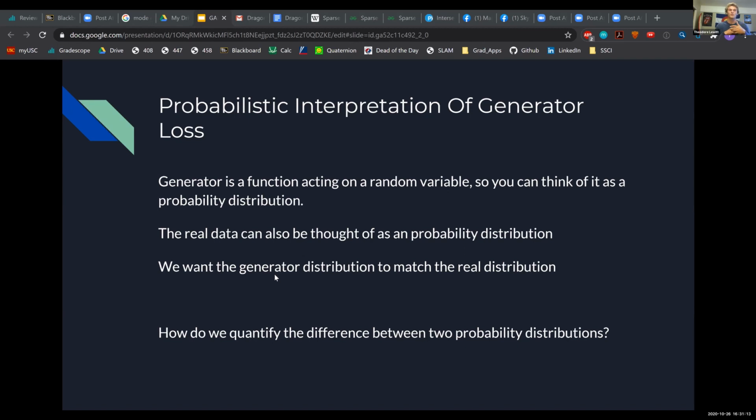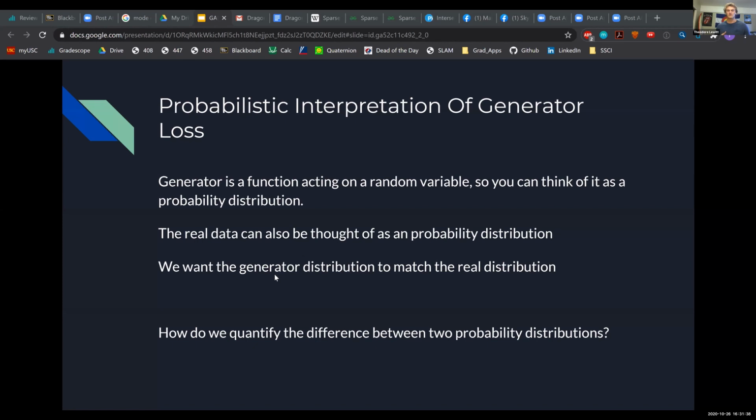It's the probability of what the generator produces. With the MNIST data set, those handwritten digits, you can think of it as taking in a uniform random number between 0 and 10 or something, and what it outputs is an image, but that image has a 1 in 10 probability of being a 1, a 1 in 10 probability of being a 2.